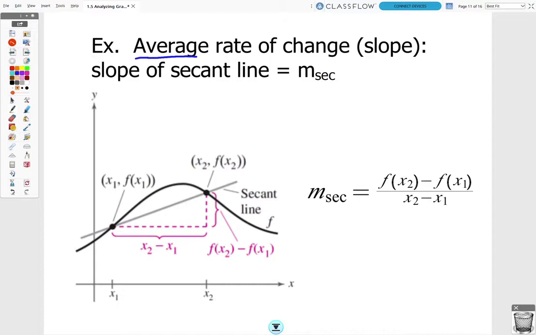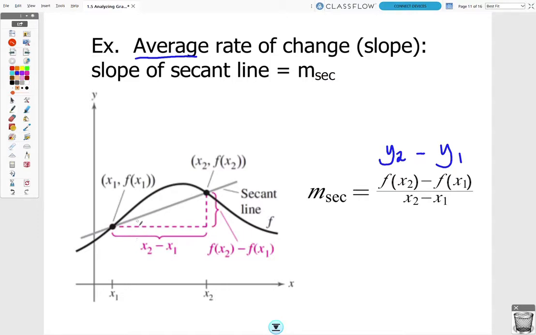And just like we did with slope before, the slope of a secant line is the second function value, the second y, so y2, minus the first function value, y1. And we divide that by x2 minus x1.